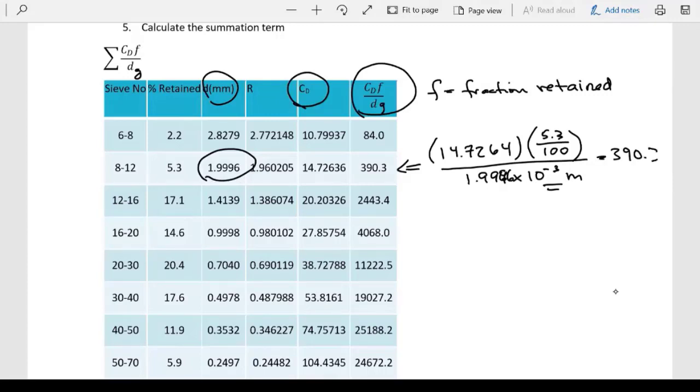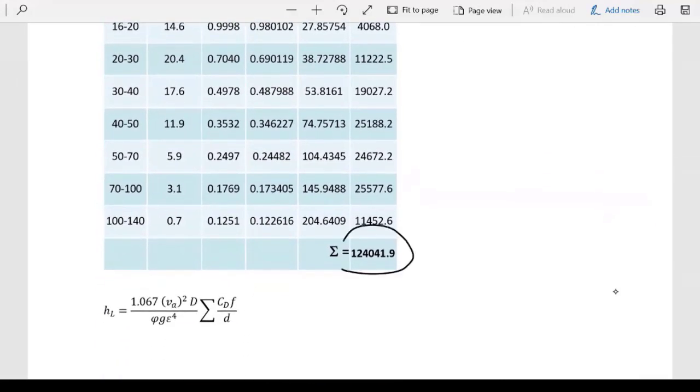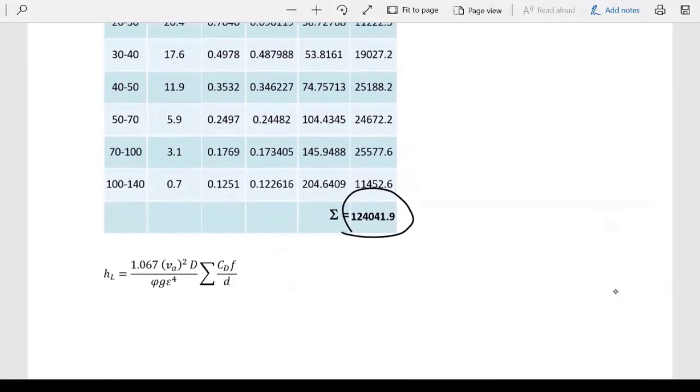We could do the same for this one, and this would simply be 10.79937 times 2.2 over 100, and we would divide that by the diameter, and that is equal to 84. So we continue to do all of those calculations, and then we will sum the values in this column.